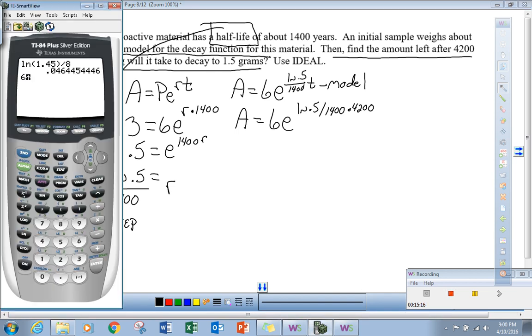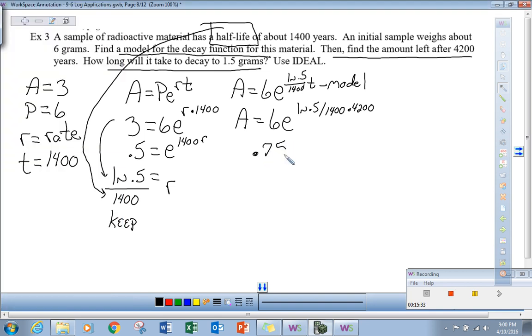Let's go 6e to the natural log of 0.5. Let's close that off. Divided by 1400 times 4200. Now, like I said, this one came out nice because of certain numbers. So the amount we're going to have is 0.75 grams.